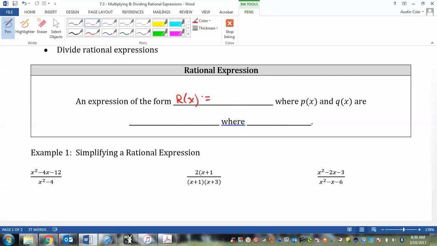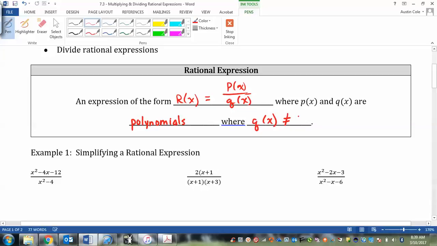I'm going to say r of x to let you know it's a rational function, where p of x and q of x are polynomials, where q of x cannot equal 0.